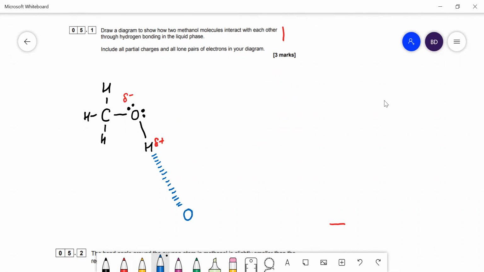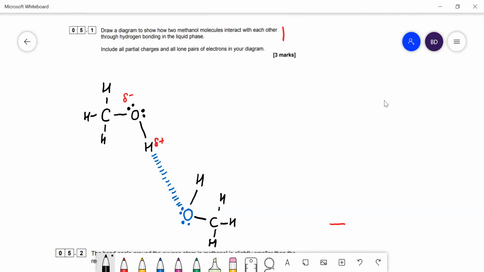Here's an oxygen on a neighboring methanol molecule. There's its 2 lone pairs. There is its hydrogen, that's not involved in this hydrogen bond. And here is the carbon, the methyl group.